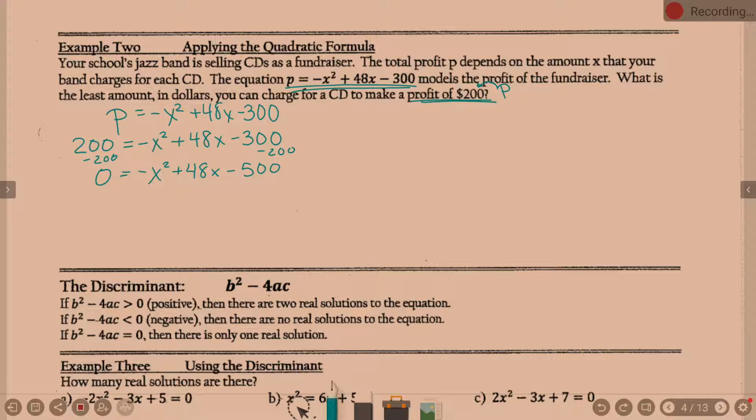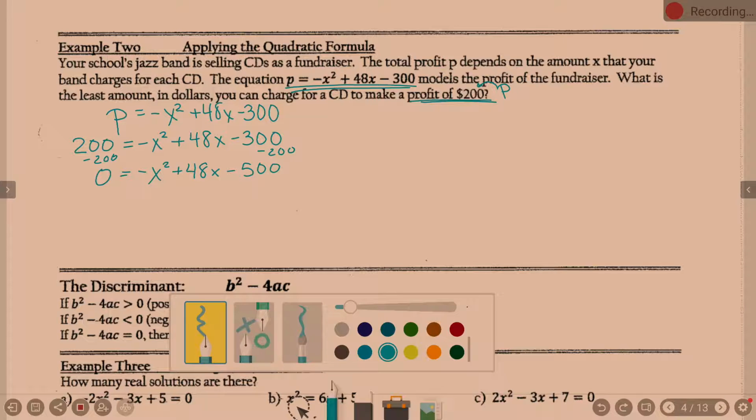Okay. Now, if we wanted, we could try factoring, but I'm going to tell you right now, it's not factorable. There are not numbers that multiply to be 500 and add to be 48. So we've talked about the whole point of this quadratic formula lesson is this is our backup plan, isn't it? So, I don't know, you guys want to tell me your ABCs?